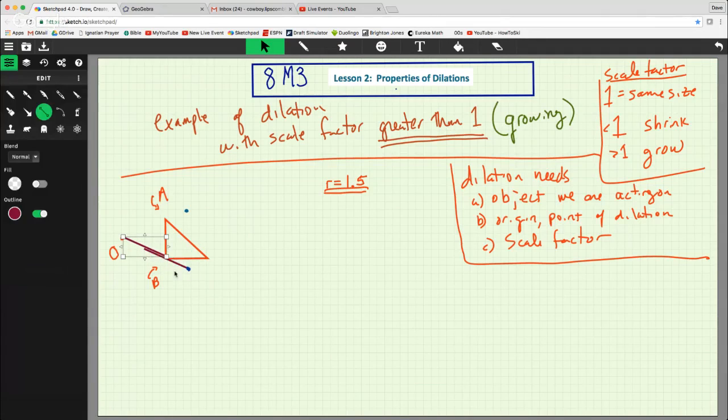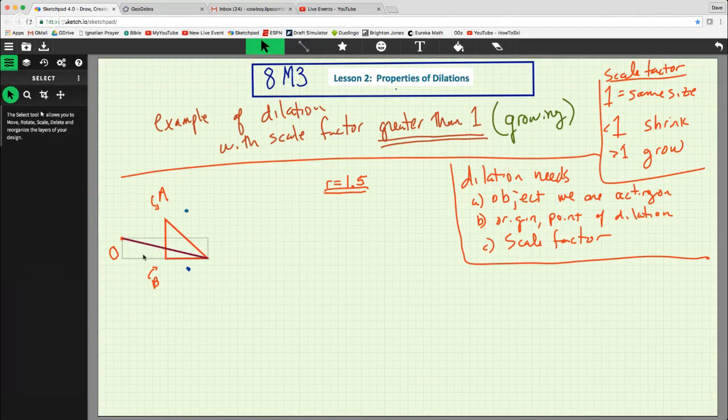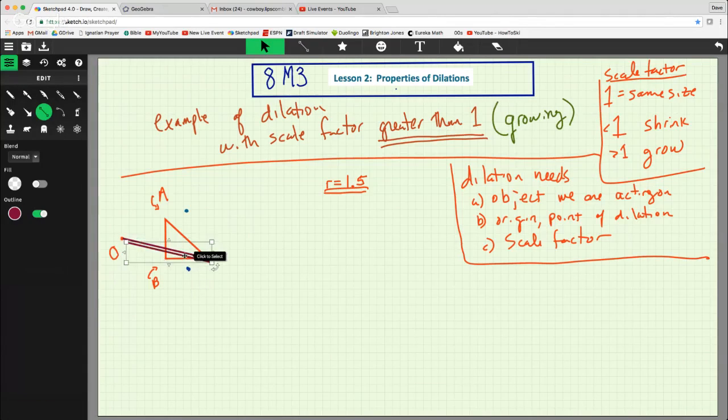Okay, see how we're doing this? Now we're going to make our last ray. And again, you're going to do a much better job than I am, because you are going to use a ruler. So you're going to make a line that's about 1.5 times longer.